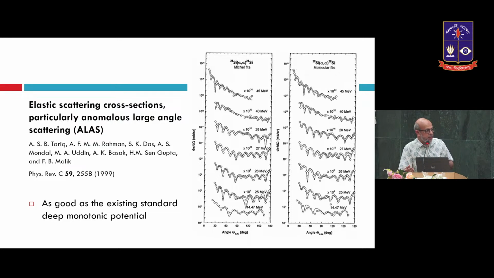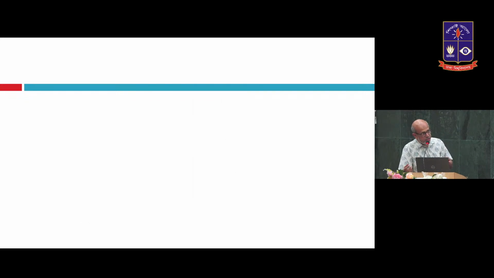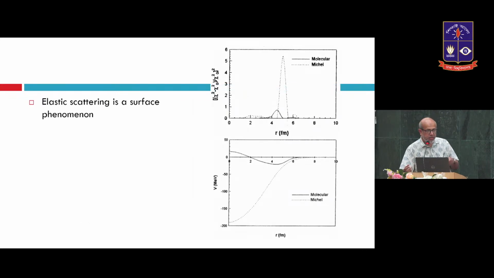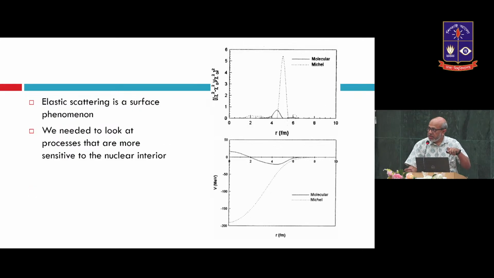But then, if you notice, elastic scattering is a surface phenomenon. This was the potential I was showing you just a short while ago, and this is a notch test result. It's like you put a notch on the potential somewhere and see how it changes.